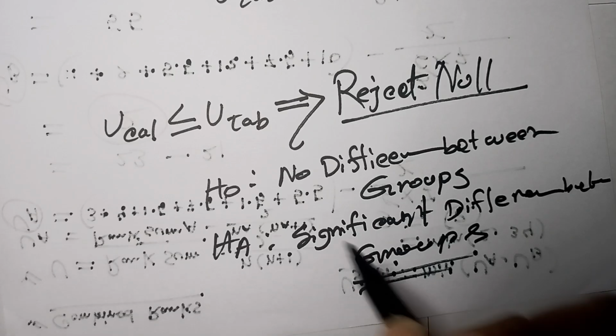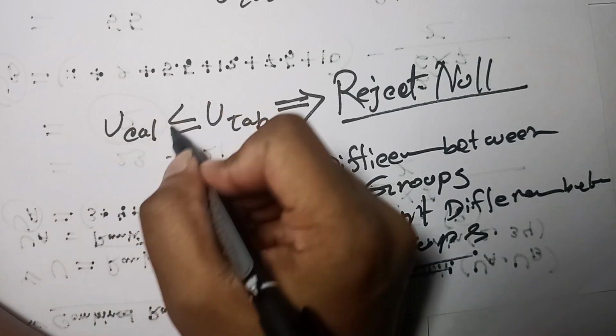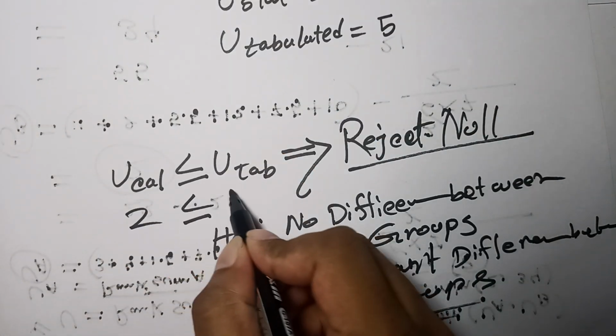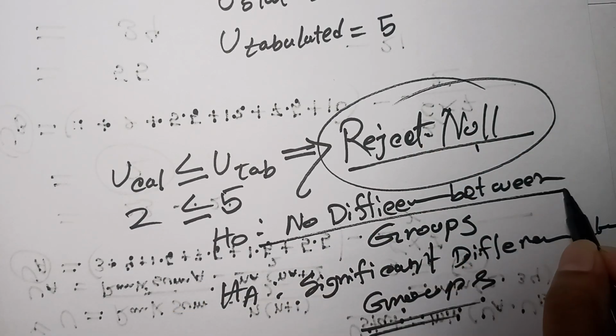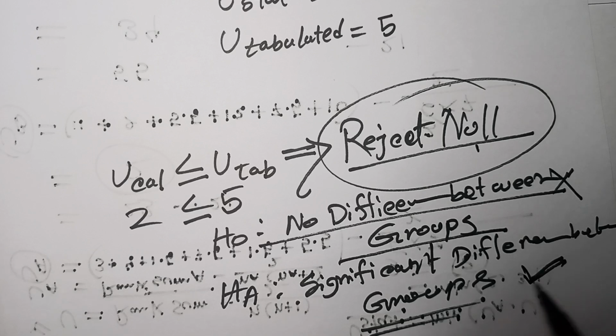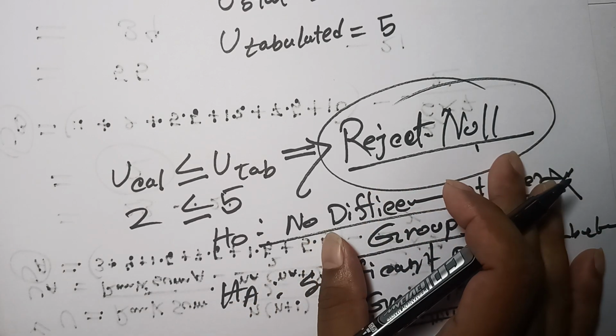And as you can see here, your calculated value was 2, which is less than 5. That means we have to reject the null, no difference between groups. We have to reject this. We have to accept that yes, these two groups have significant difference.